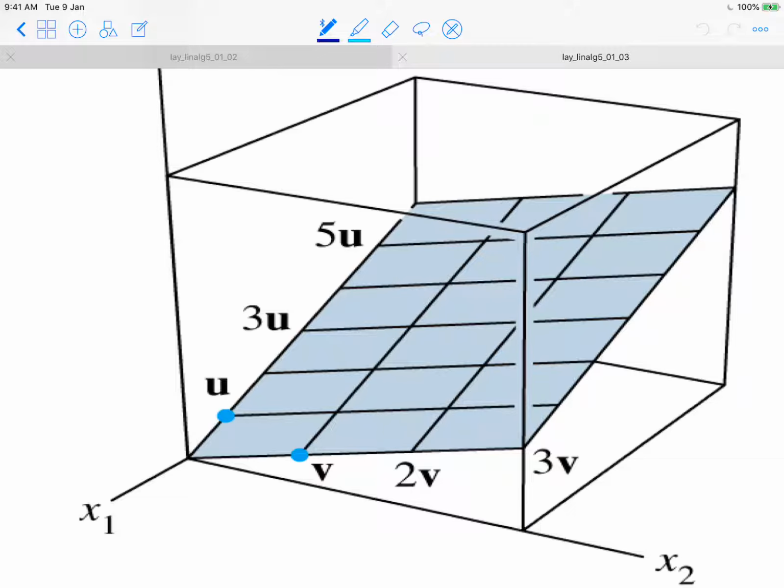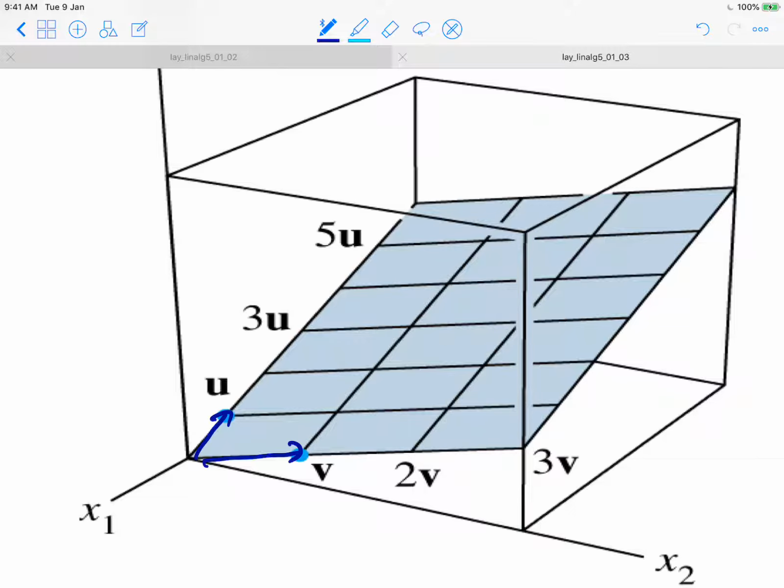In this 3-dimensional example, we are given a1 and a2, or u and v, and this blue colored plane is the set of all the points of all the possible linear combinations of these 2 vectors.